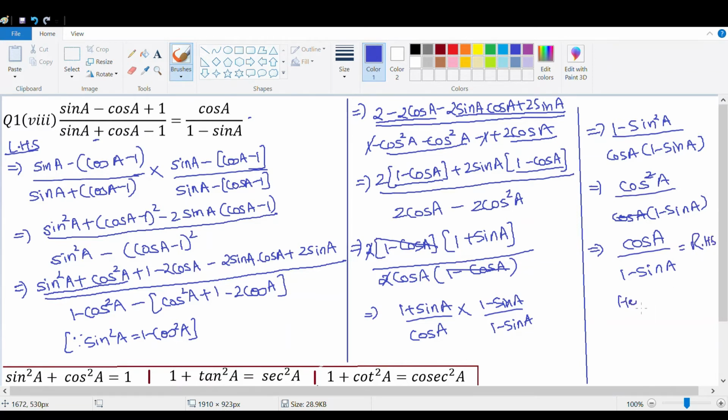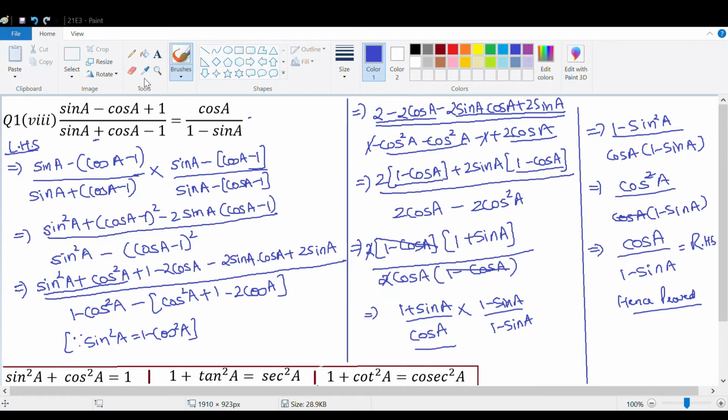So hence proved. Good. A longish question the way I've done, but interesting. We rationalized the denominator and then we reached somewhere and then we rationalized the numerator. Good. Let's look at the next question.